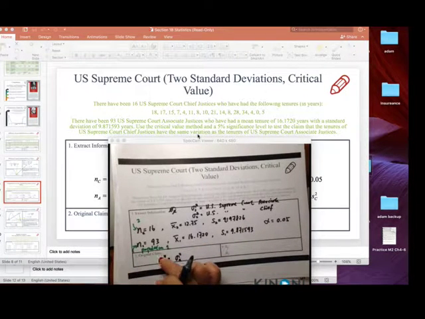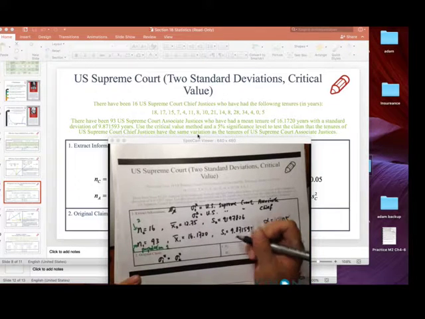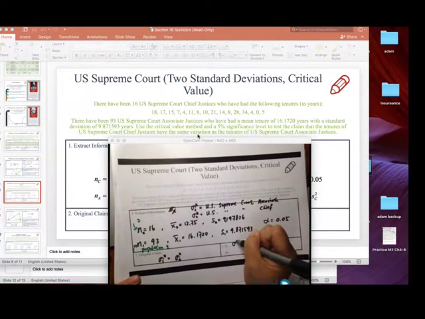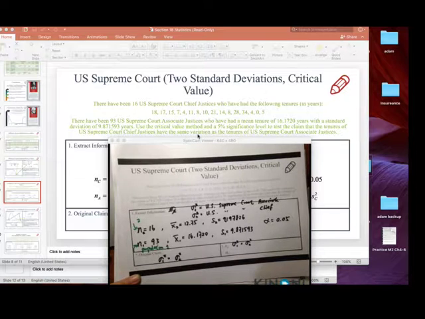Set population variance 1 equal to population variance 2. Okay, the null and alternate hypothesis. The H0 will be equal, and the alternate hypothesis, because they never mention less than or greater than, we're going to say will be not equal to.